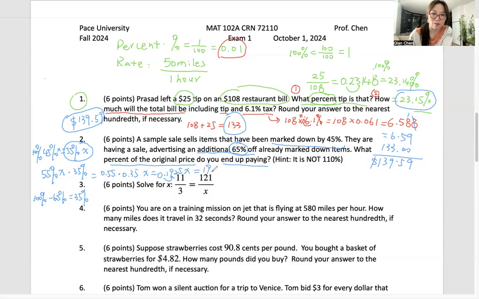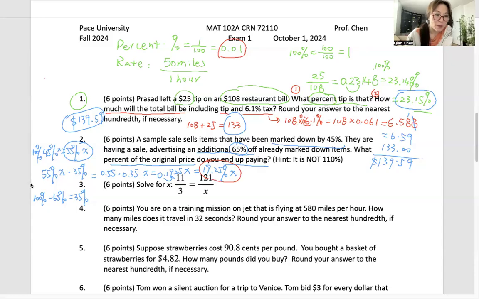I get 19.25% of the original price. We don't care about the original price, right? What we care is what percent of the original price. So 19.25% of the original price is what we will end up paying. So the answer is 19.25%.